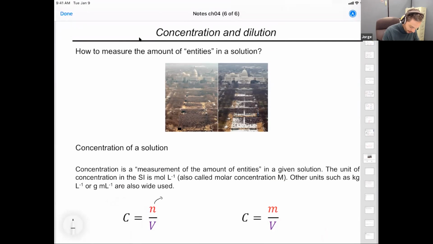Here n is the number of moles and V is volume. Number of moles has to be in mole, volume in liter. Therefore, the molar concentration is mole per liter, or sometimes it is represented by an uppercase M, meaning molar.